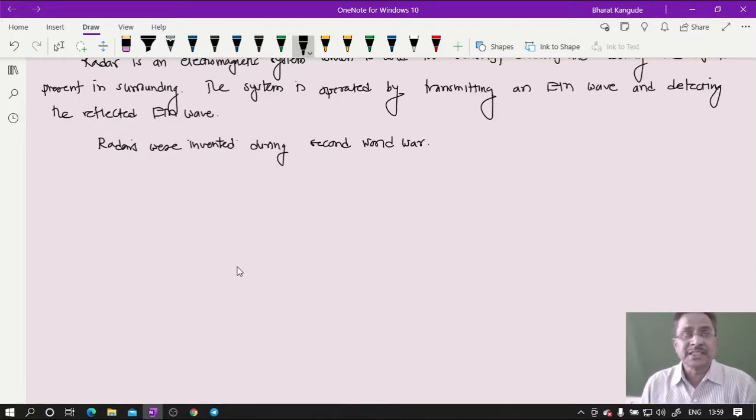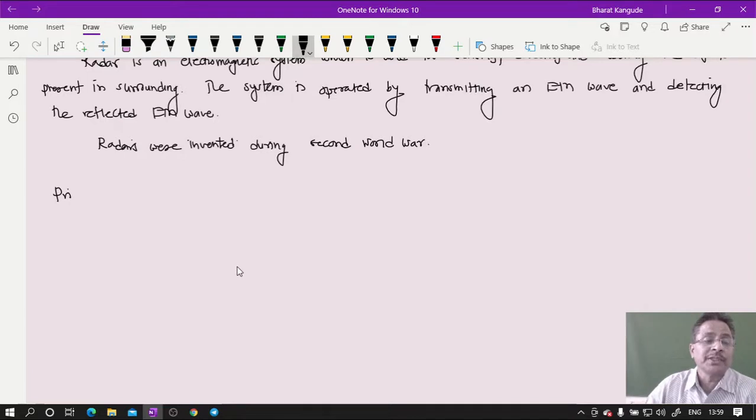That was the basic necessity to identify enemy aircrafts or anti-aircraft missiles or objects. So to detect that, this type of radars were invented. And nowadays, radar is a very prominent technology. This was the introduction.